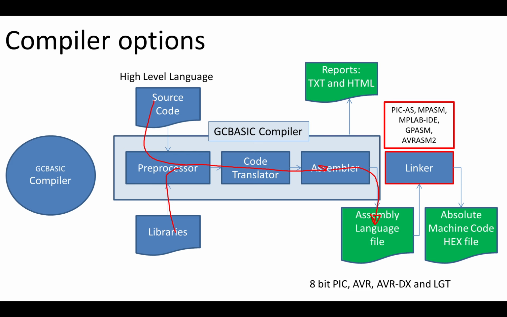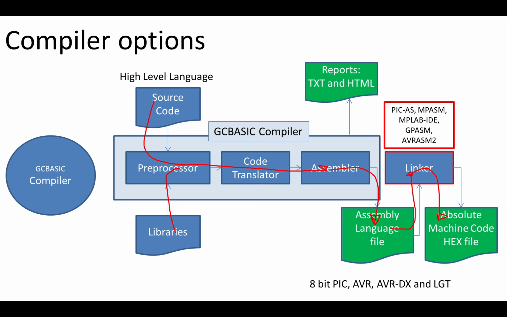Or it might be for AVR-ASM, and you need to use AVR-ASM2 because you're going to put it inside the debugger, and we'll look at that tomorrow in the next video. It can externalize to the external linker, and then that will automatically generate your hex file. And then guess what? GCBASIC picks up your hex file and loads it into the chip.